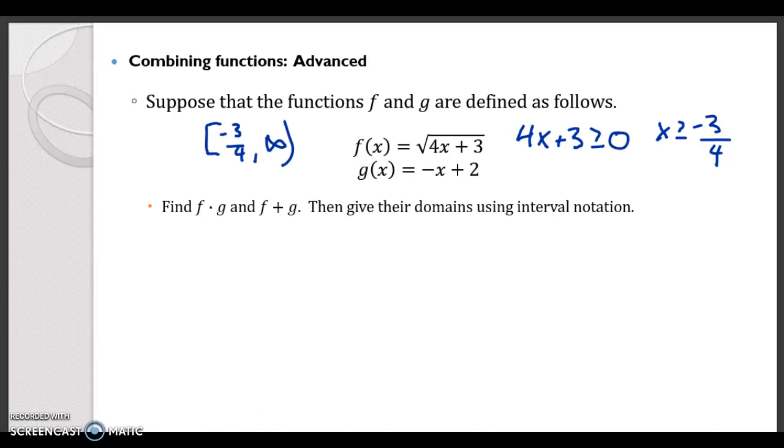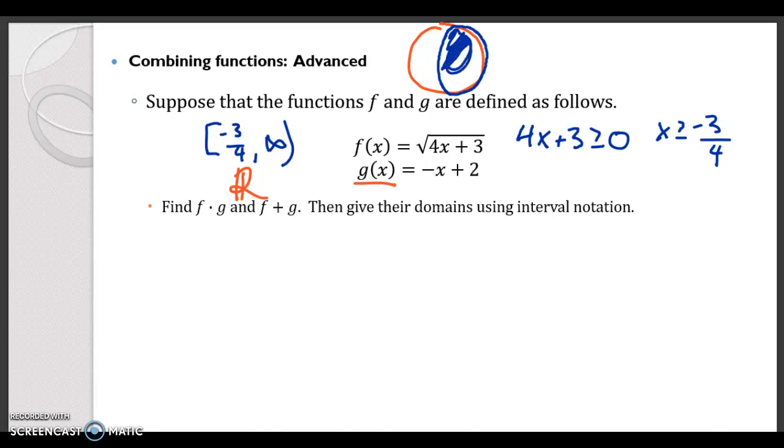That is the domain of f of x. Okay? Now the domain of g of x, well, that's just all real numbers. Right? So if g of x is all real numbers, there's my g of x domain, and f of x is just a smaller portion of those real numbers.